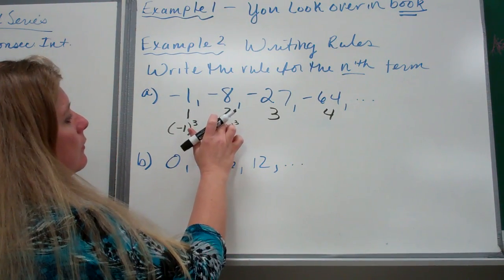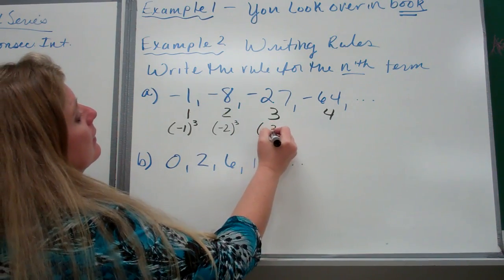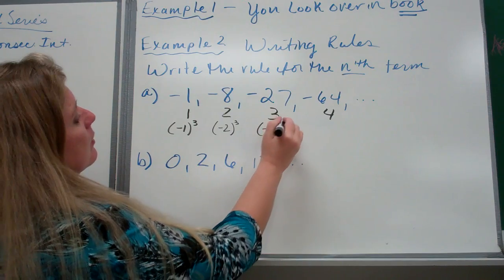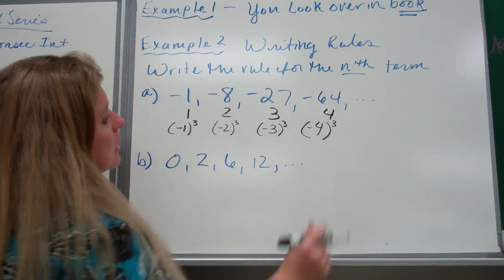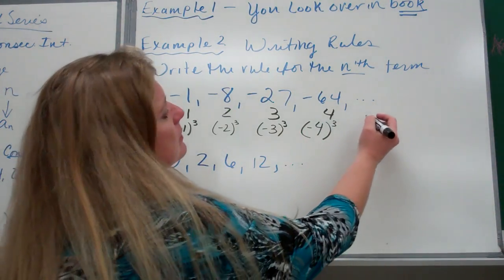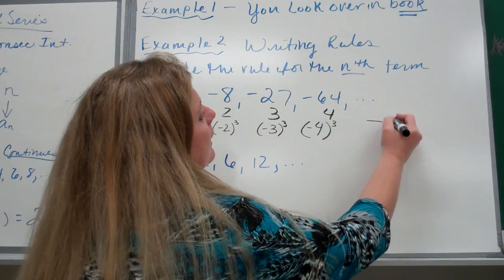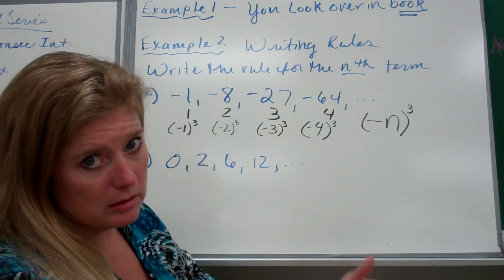I'm relating the term number to the term itself. And the third term is -3 cubed. The fourth term is -4 cubed. So the function rule for this case is -n cubed. That's the nth term.